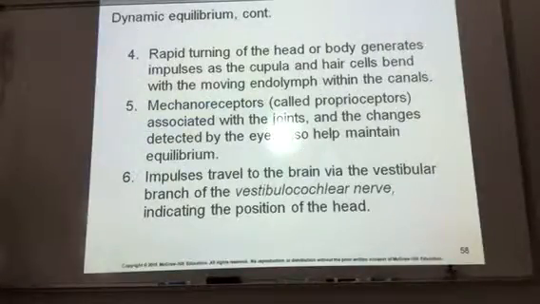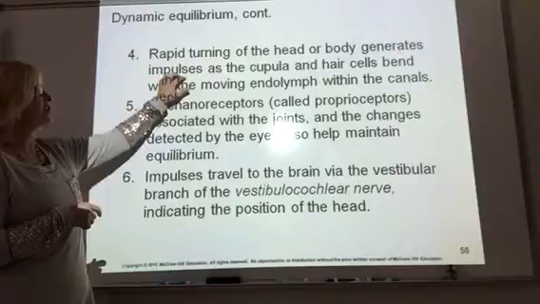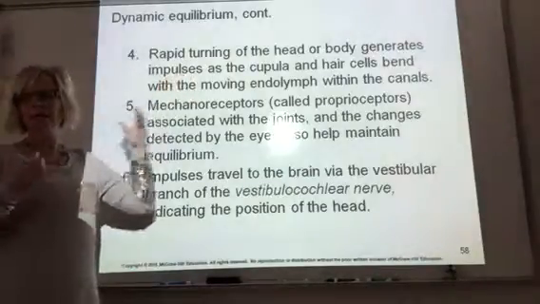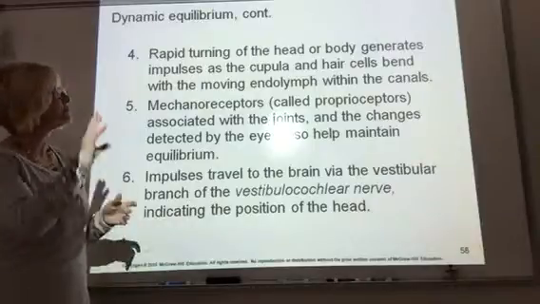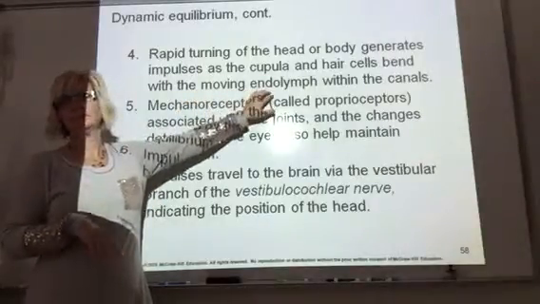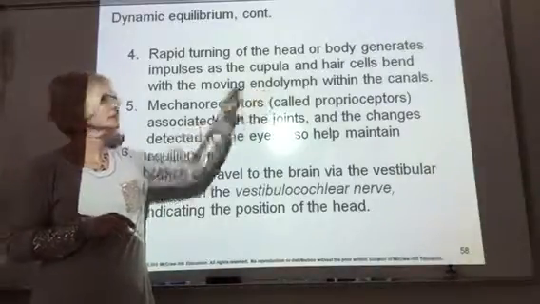So what happens, rapid turning of the head, rapid movement of the body is going to generate impulses inside of that cupula, and the hair cells in there are also going to bend again with the moving endolymph, which is the fluid that's inside of your semicircular canals.